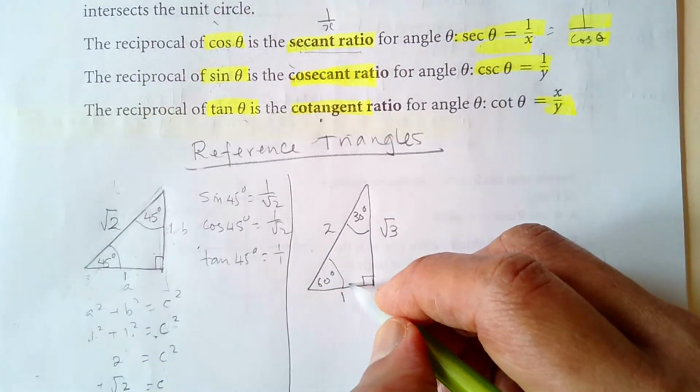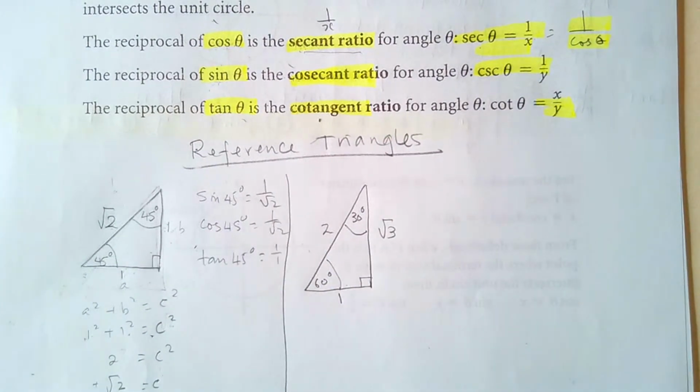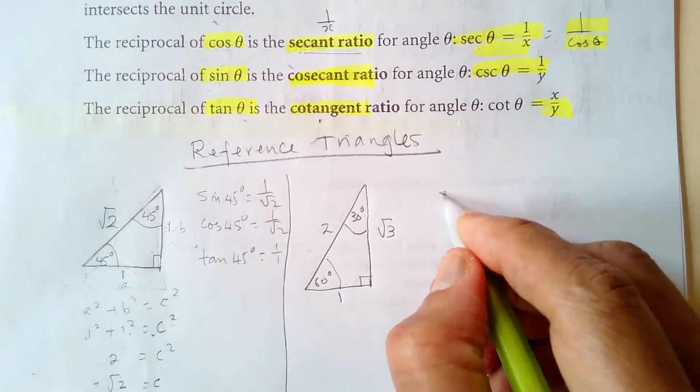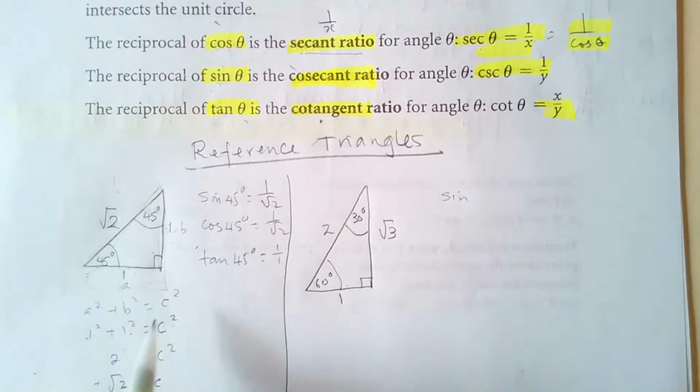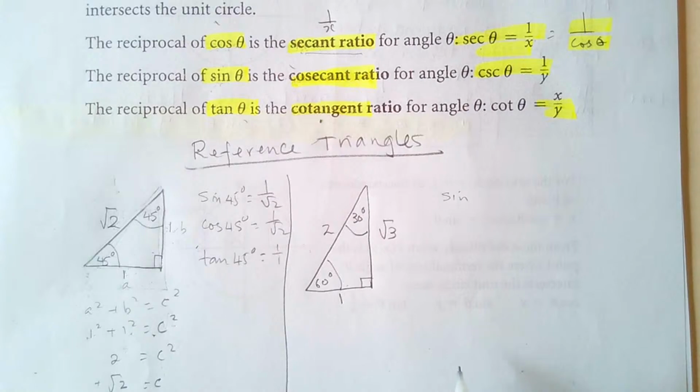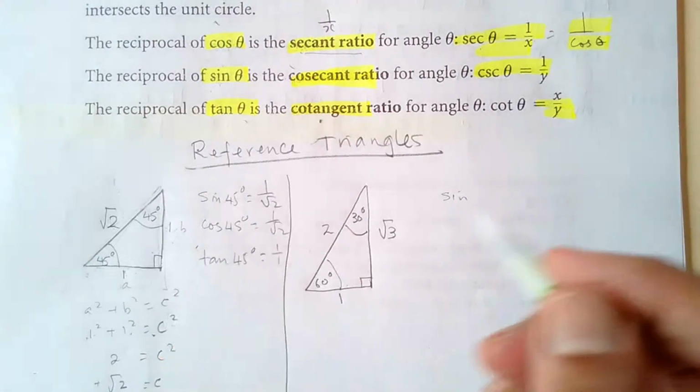If you look at this one over here, we have 3 trig ratios from this reference triangle.